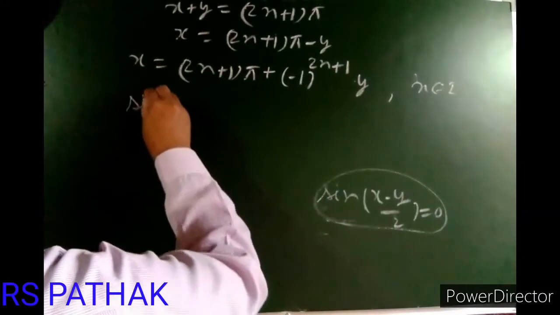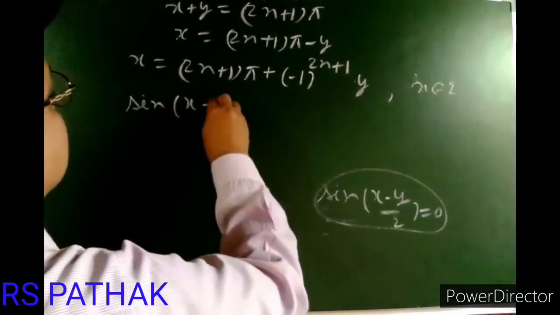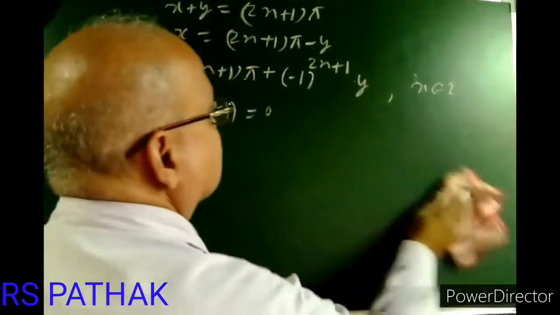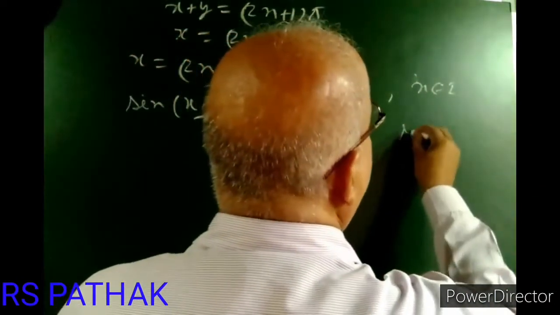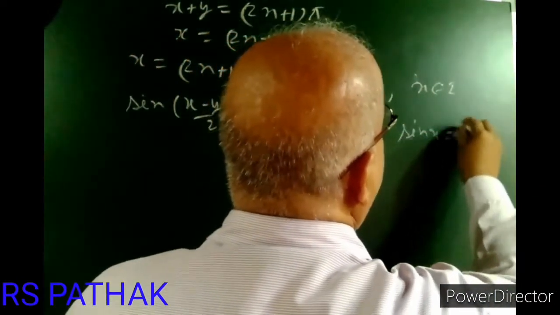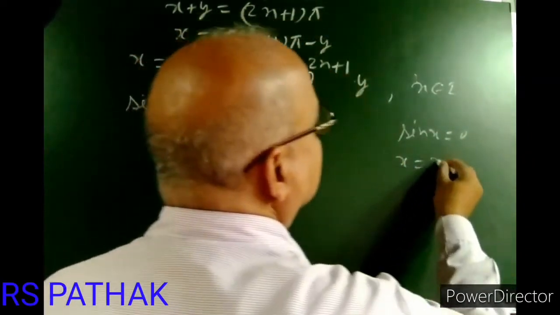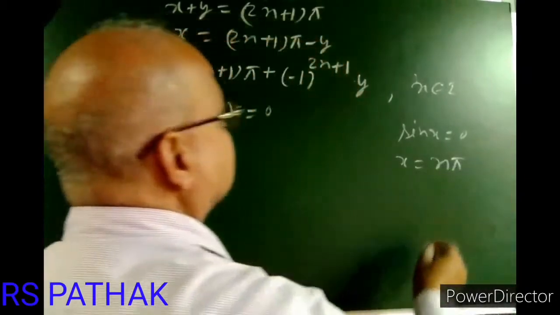sin (x minus y) upon 2 equal to 0. General formula for sin x equal to 0, then x will be n pi.